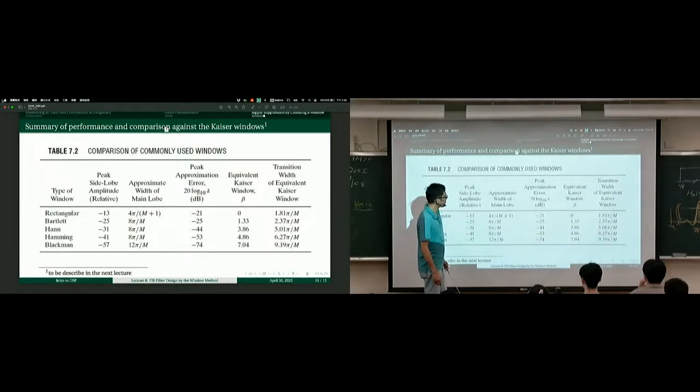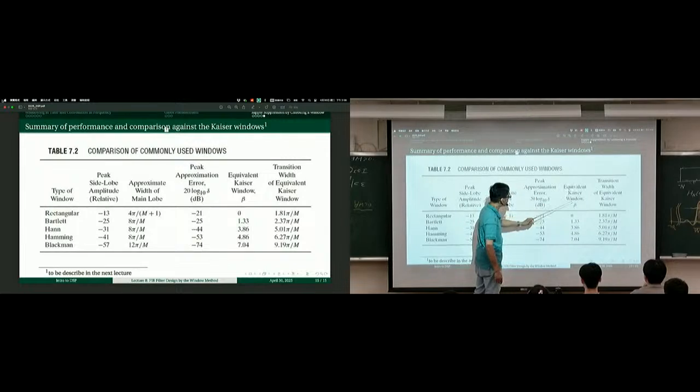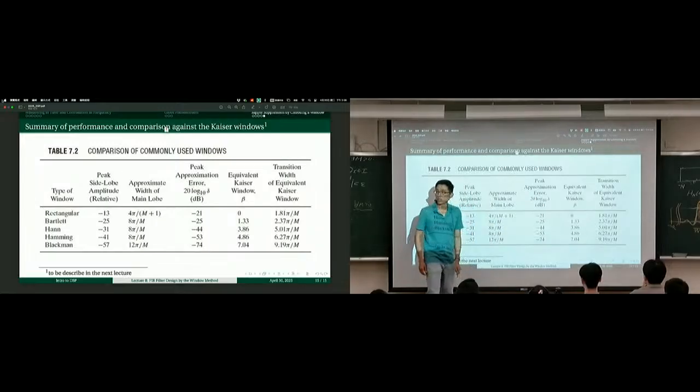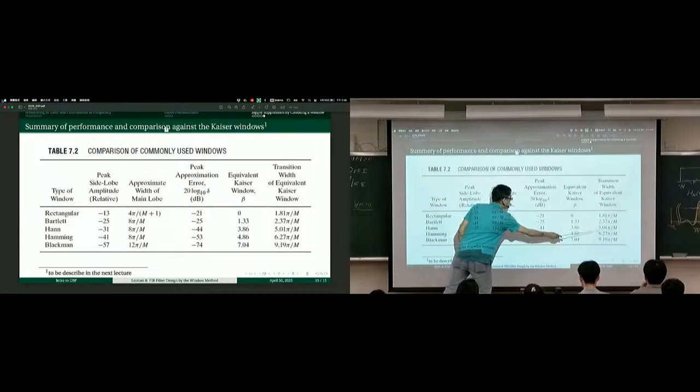The last two columns here are the equivalent Kaiser window and the transition width of the equivalent Kaiser window. We will talk about that next week, so please don't worry about the last two columns right here.